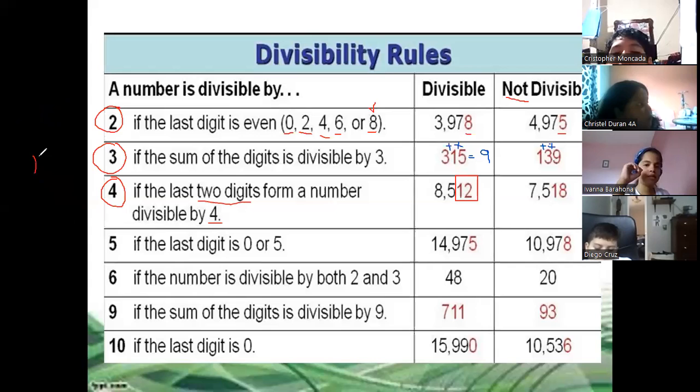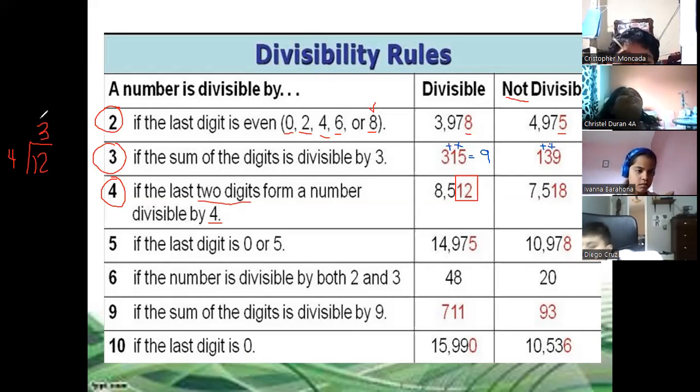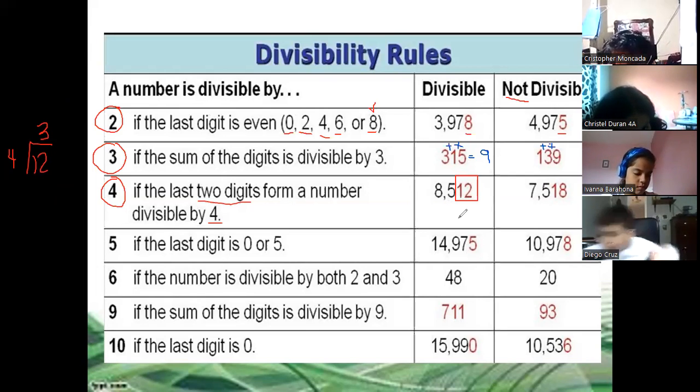We have 12. 12 divided by 4? 4 times 3 equals 12. 12 minus 12 equals 0. So 8,512 is divisible by 4. Yes.